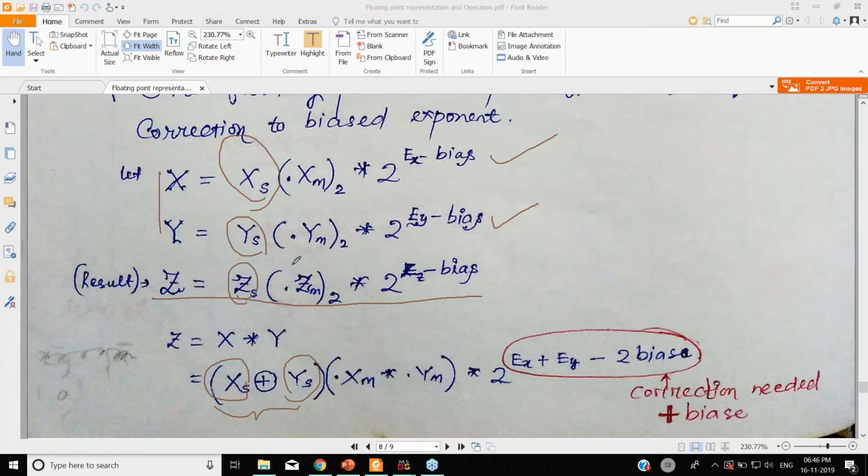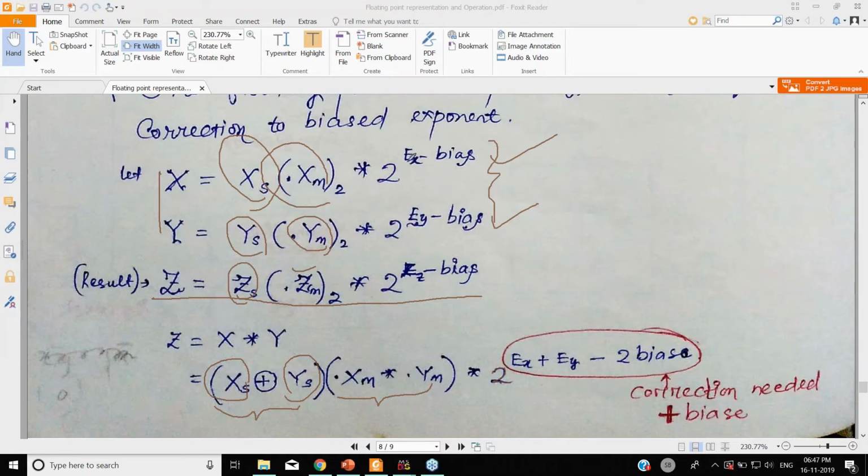Then to find the Zm, the fractional part of the result, what do you need to do? You take the fractional part of Xn and multiply with the fractional part of Y. So you will get Zm. To get the exponent, you do the same thing. You have the bias and you multiply. When you multiply this, you add these two biases.